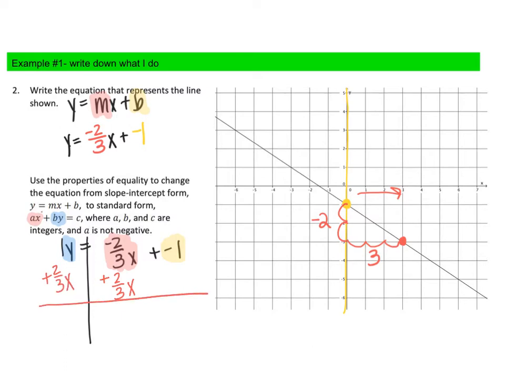Now, I do have my ax at the front, I have 2/3 x, plus I have the 1y here, equals, well, what's left on this side? Just my -1. And I now am following the format ax plus by equals c. So this is my answer. And my a was already positive, so I don't have to do any changing there.